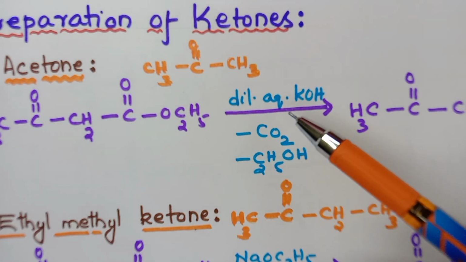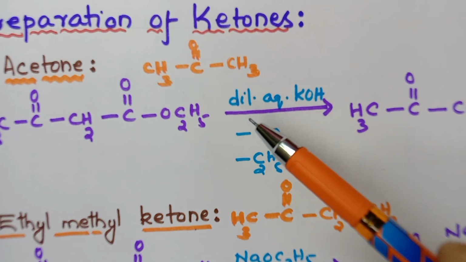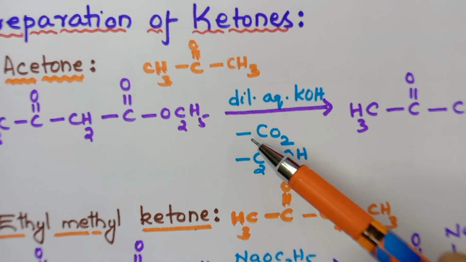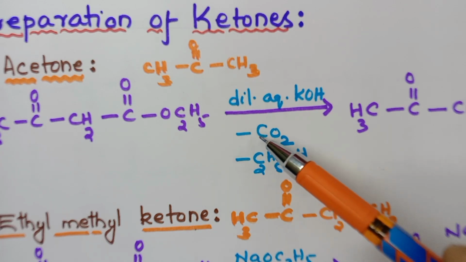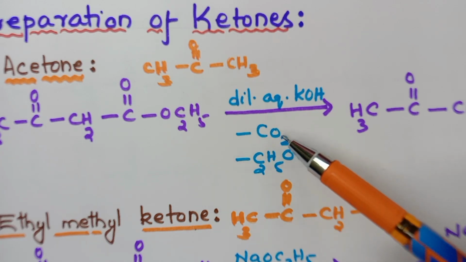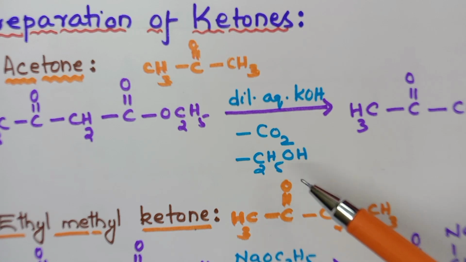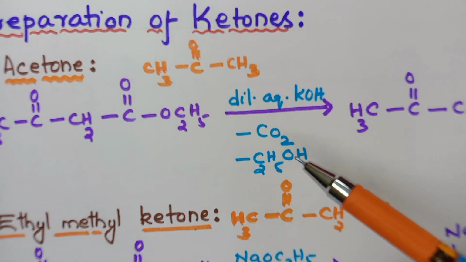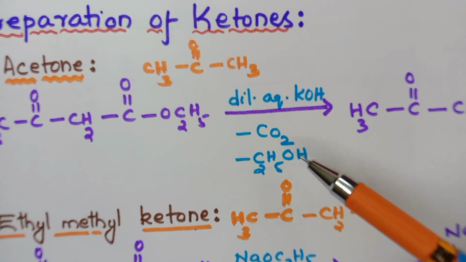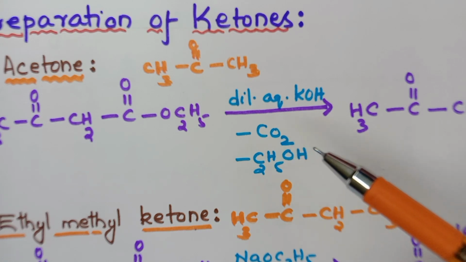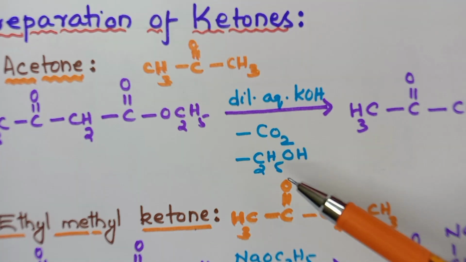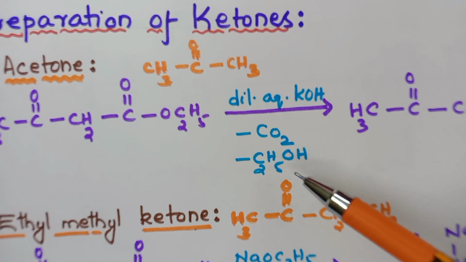When hydrolysis takes place in the presence of this reagent, water is eliminated, minus CO2, that is carbon dioxide, and ethyl alcohol. Previously, when concentrated alcoholic KOH was used, acetic acid and ethyl alcohol were coming out. But here it is carbon dioxide and ethyl alcohol.